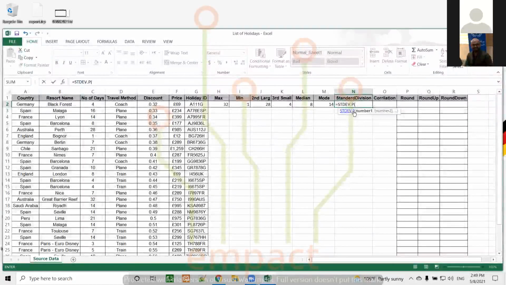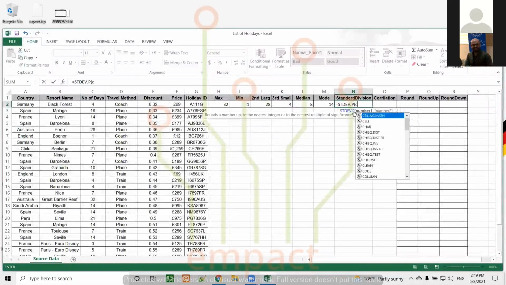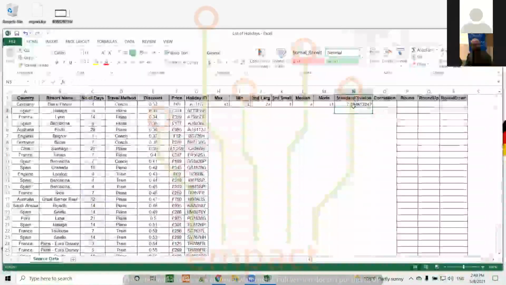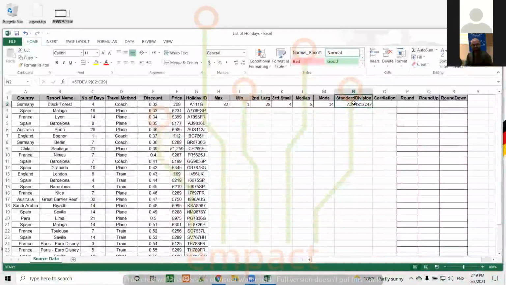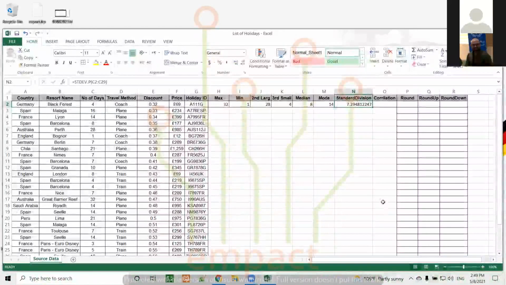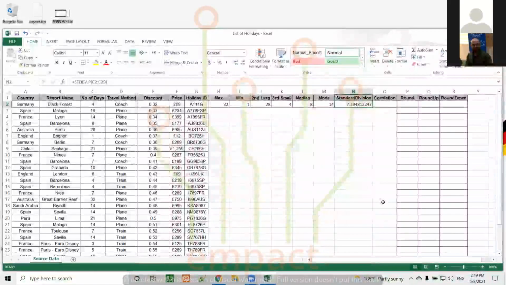I want the range from C2 to C29, and I see that the standard deviation is 4.812247. So the standard deviation depends on the range of data that we give to the formula to apply it on.